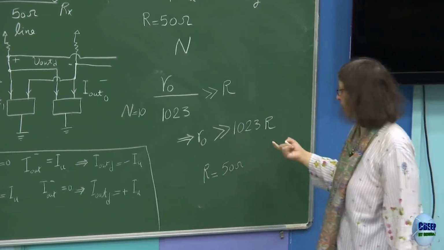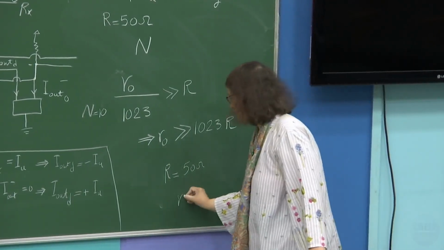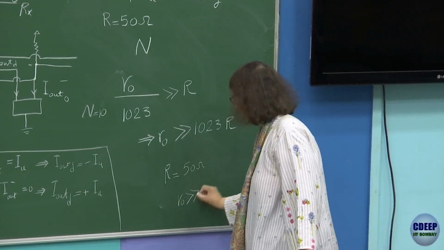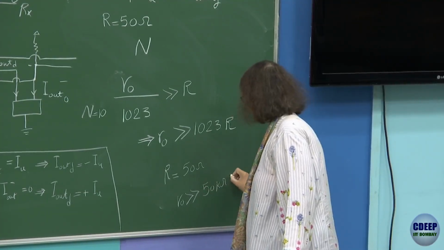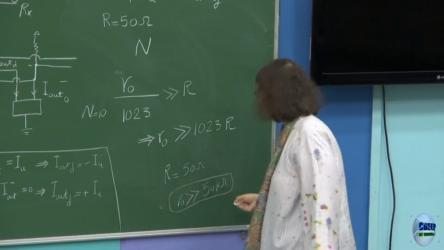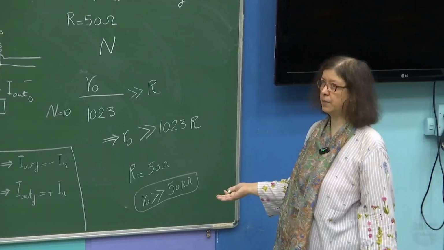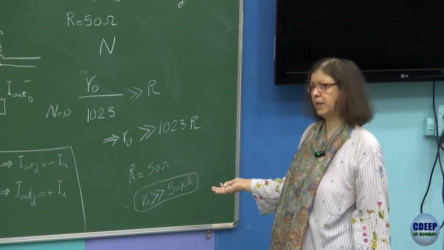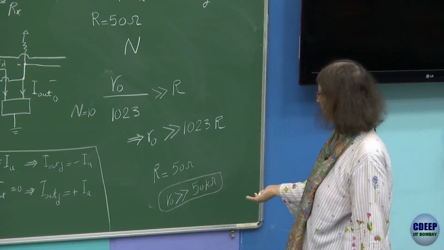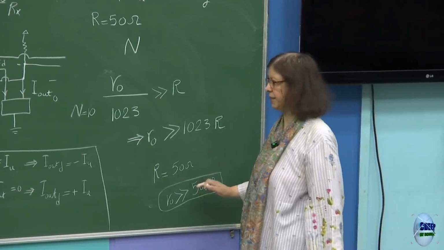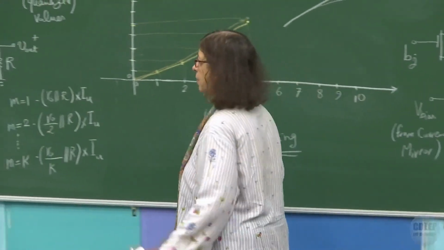So if this was 1000, this becomes 50K. So RO should be well above 50K. That means at least make it, say, 5-6 times more. So it will end up around a mega ohm, right? Say 10 times more. No, actually it will be around 500 kilo ohm. Fine, 500 kilo ohm.